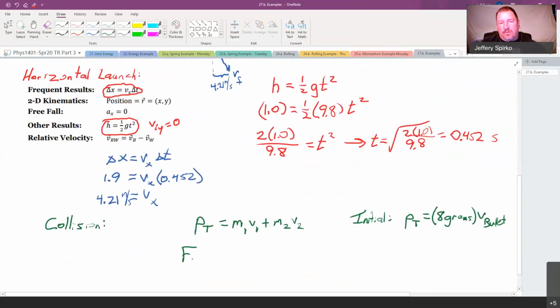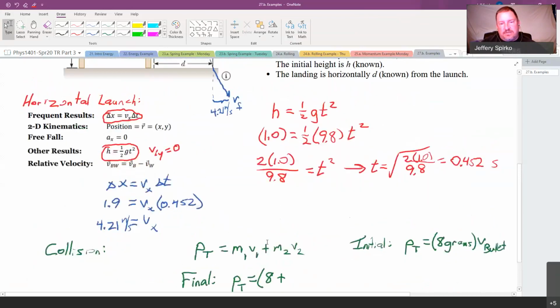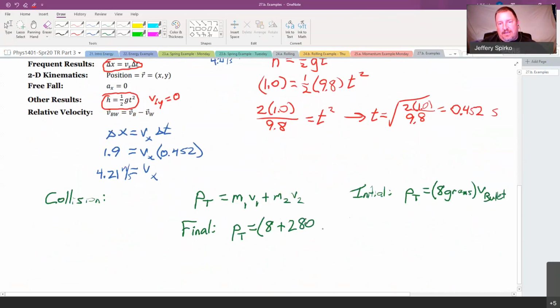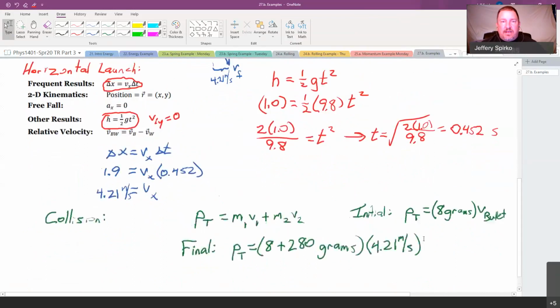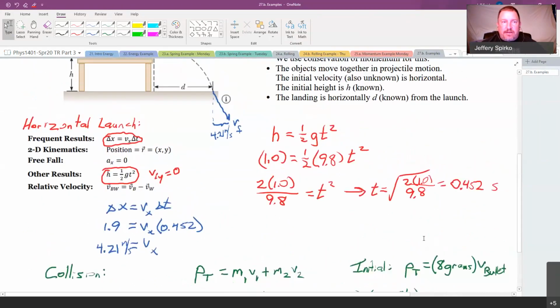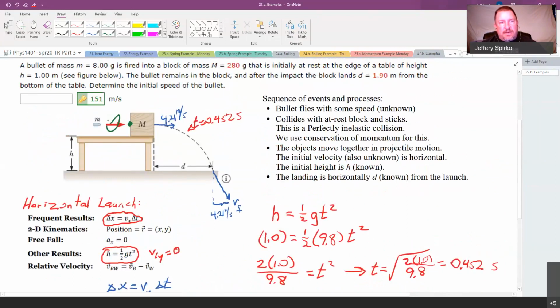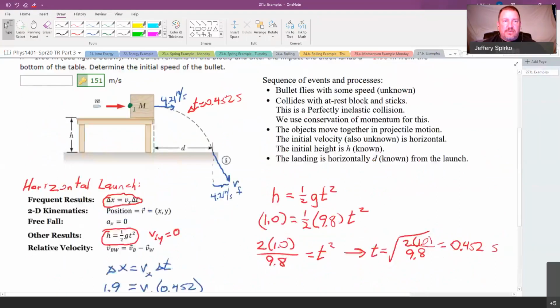The final p total is equal to 8 plus 280 grams times 4.21 meters per second. So as it turns out, even though the universe goes from collision up here to flight over here, our calculation has to go the other way.